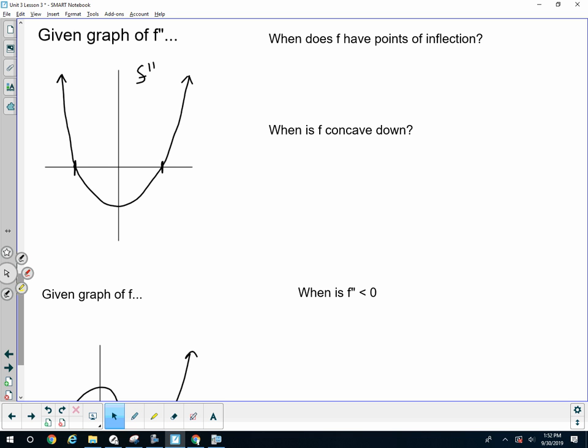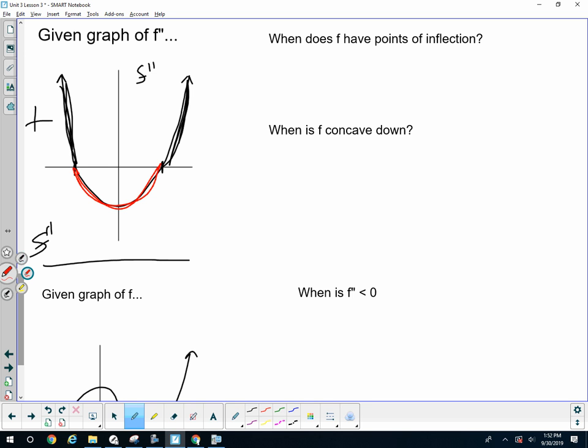How's this different? Well, now, the signs of f double prime are just given to us. Here are positive values of f double prime. Here are negative values of f double prime. Positives, negatives, positives.